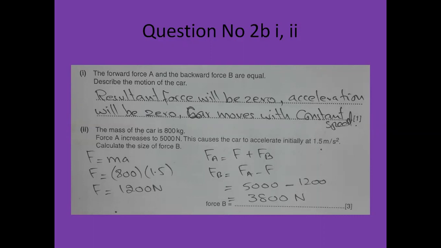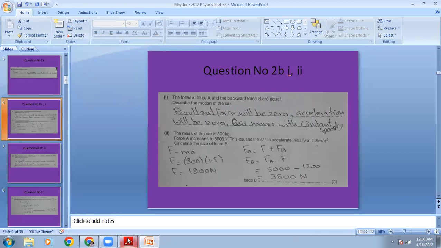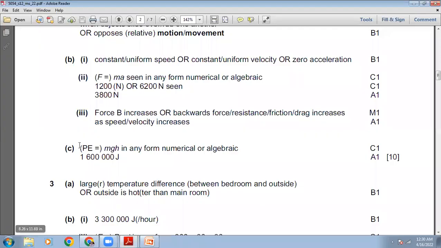So the force of friction will be equal to the applied force minus the resultant force, and that will be 5,000 minus 1200, which is 3,800 Newton. 3,800 Newton is the right answer, sir.